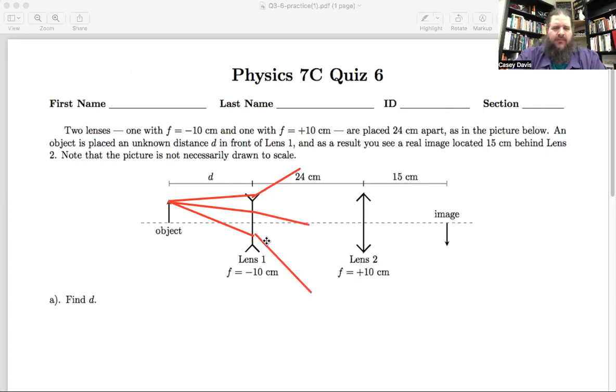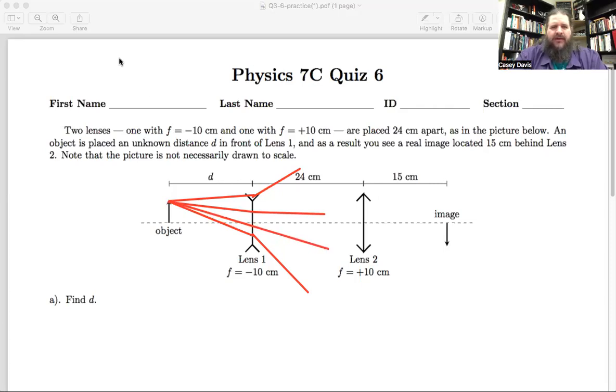So without even drawing in the principal rays, we can just get a rough sketch that the outgoing rays of light hit the lens and end up spreading out more than they were already, because this is a diverging lens. I guess it should be more like that. And of course, the ray of light towards the center just goes straight through.